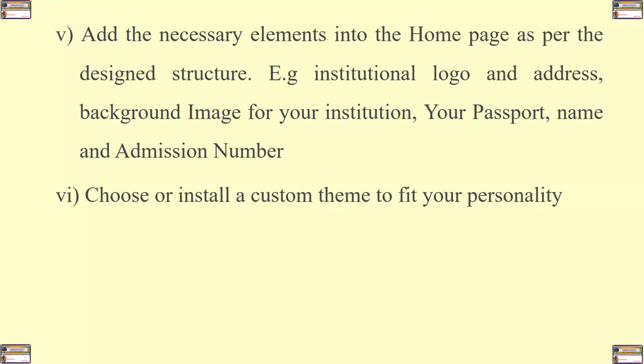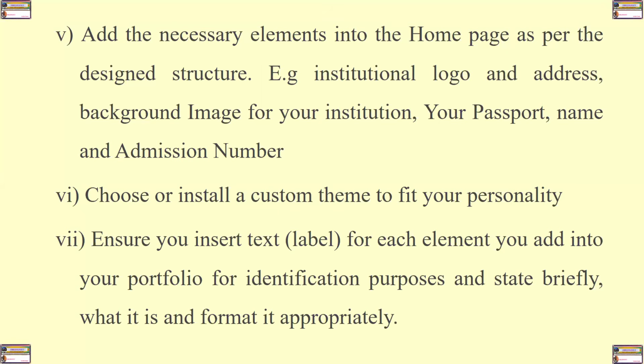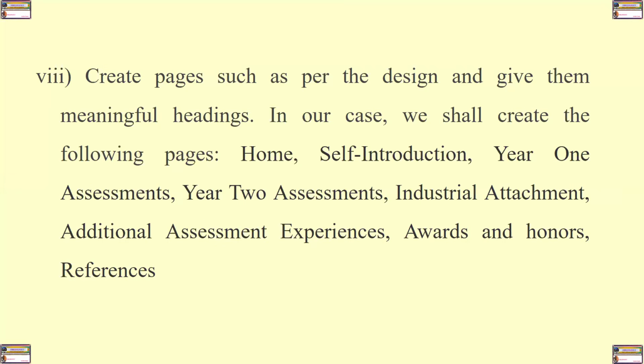Number 6, choose or install a custom theme to fit your personality. Number 7, ensure you insert text or label for each element to add into a portfolio for identification purposes and state briefly what it is and format it appropriately.